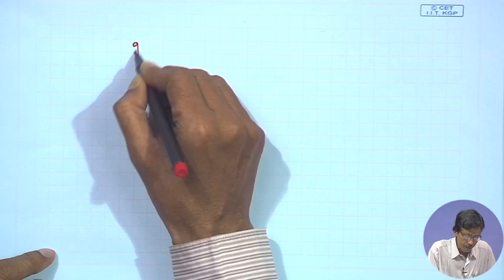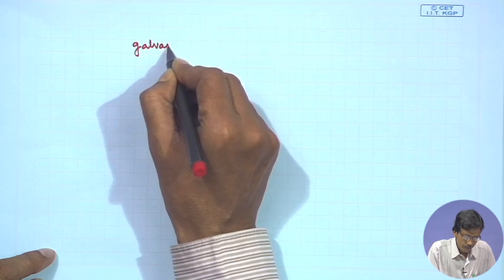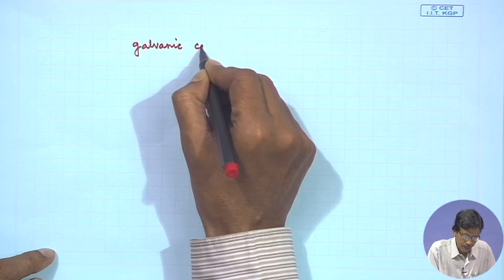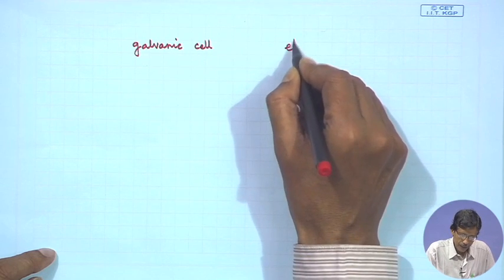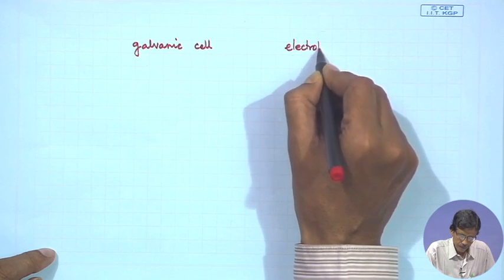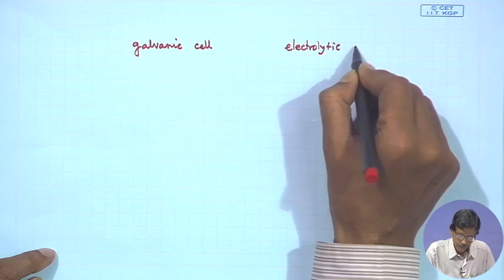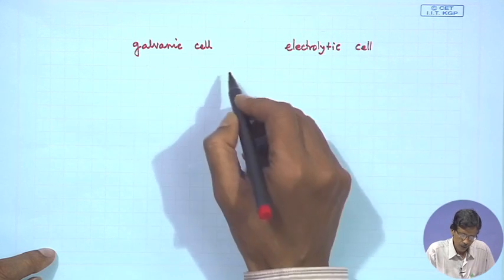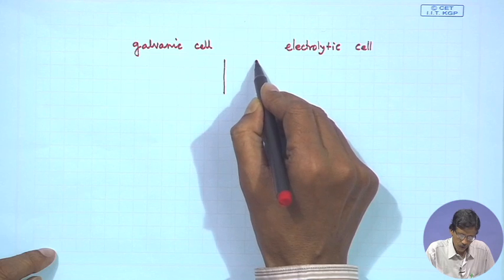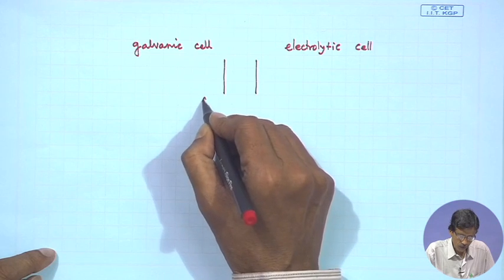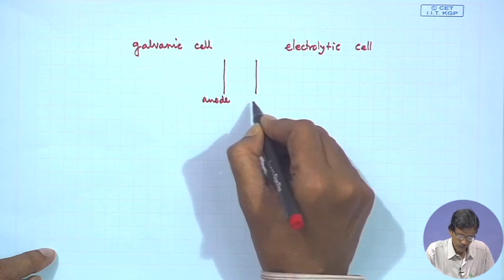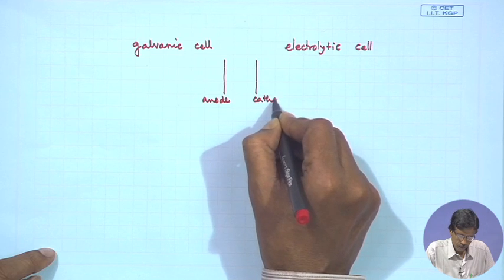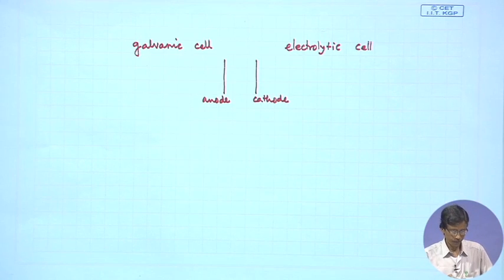So, if we have the galvanic cell and the electrolytic cell, the definition for anode and cathode will be different.